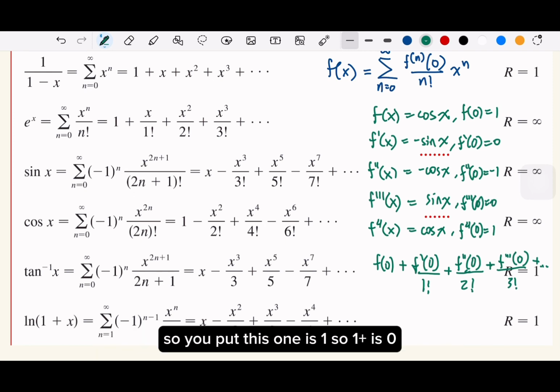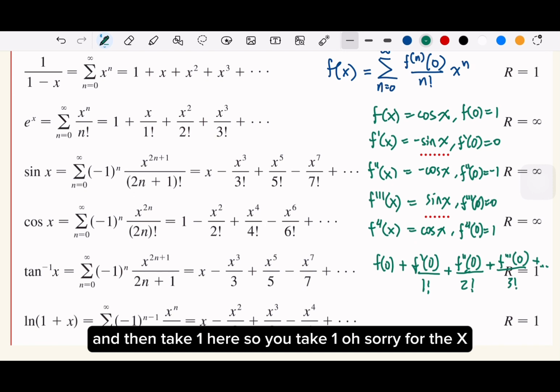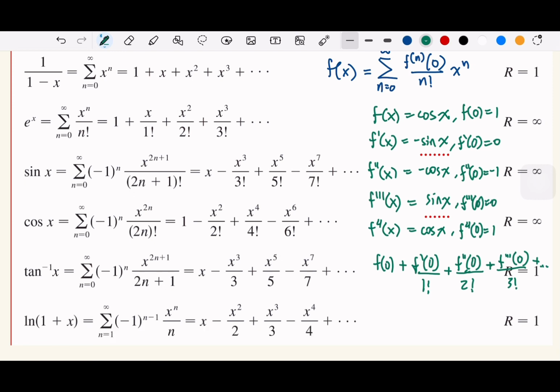So you just put, this one is 1, so 1 plus 0 times x, and then negative 1 here, so -1 times x squared, oh sorry, I forgot the x. Plus 0 times x cubed, plus, okay.